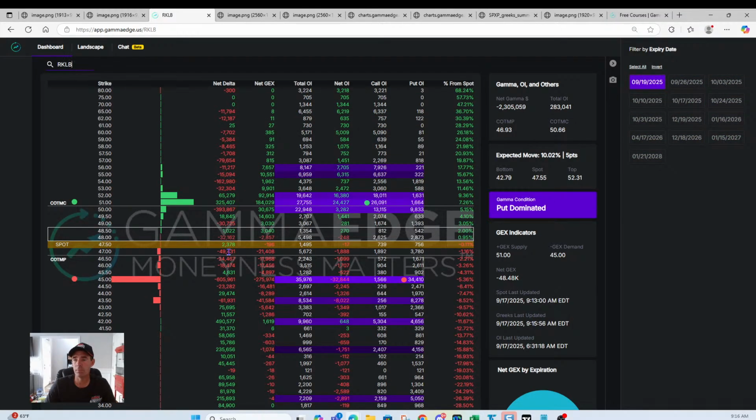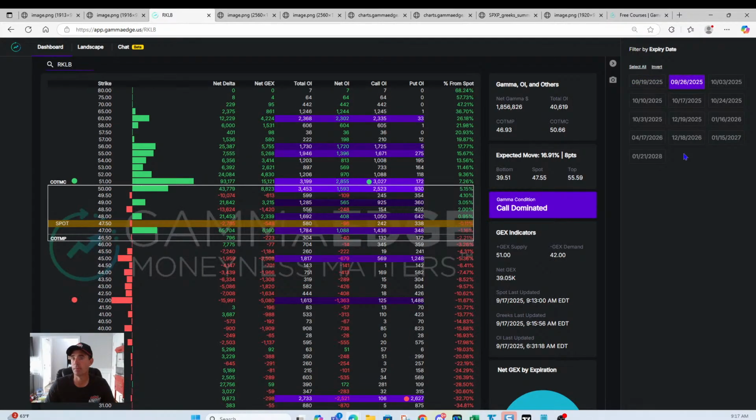You do see some out of the money put hedging here to the downside, and you see Friday's expiry is put dominated. So it looks like maybe anticipating some weakness heading into the monthly OPEX. And let's look up. So then you see the overall structure improve after monthly OPEX. But we do have out of the money puts below us. So still call dominated for speculation to the upside. But we do have these out of the money puts below us.